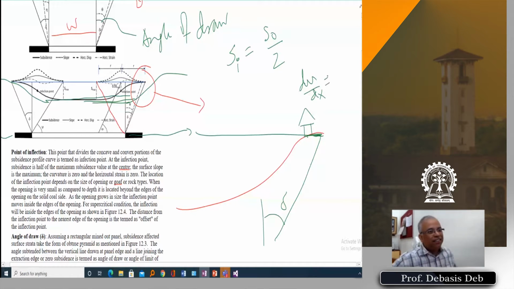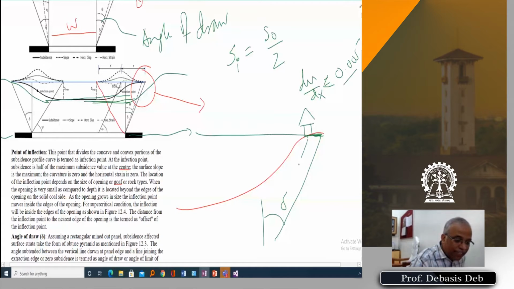The builder has said, yes, I am building this house, and the horizontal strain which this building can take will be at least 0.5% or 0.005. In other words, even if the ground moves, the building will not see any crack. So if that is the case, the building will be okay, any structure will be okay.